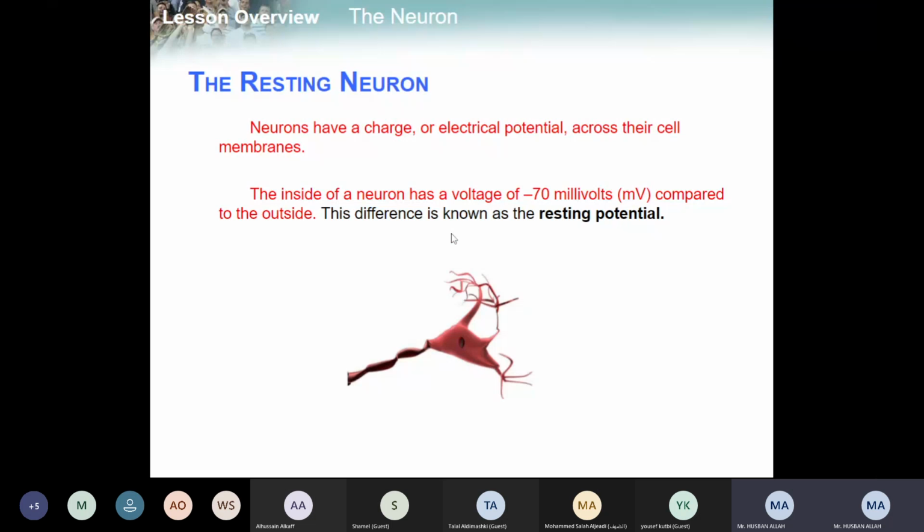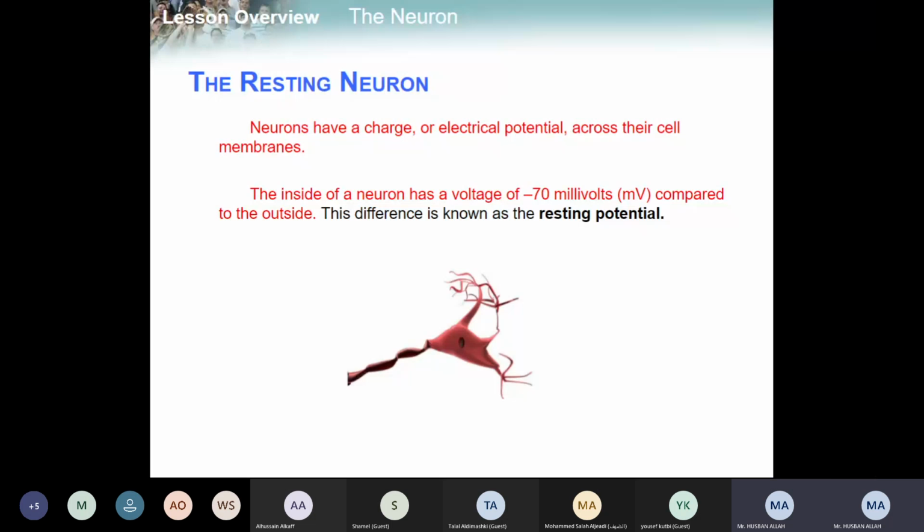The inside of the neuron has a voltage of minus 70 millivolt, the unit being mV, compared to the outside. The difference is known as the resting potential. Let's suppose outside has one value and inside has minus 70 as compared to the outside.